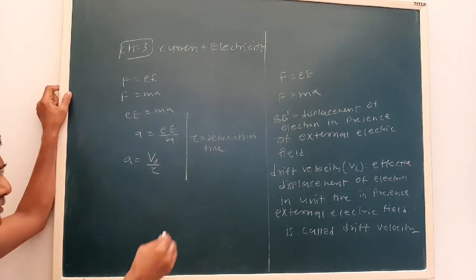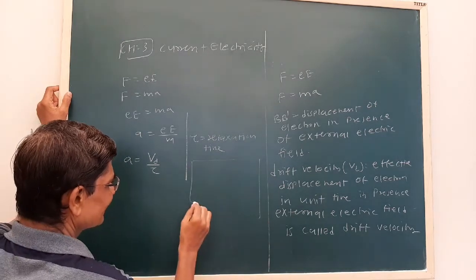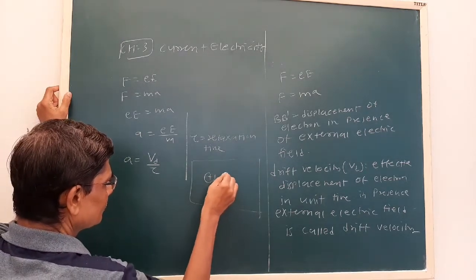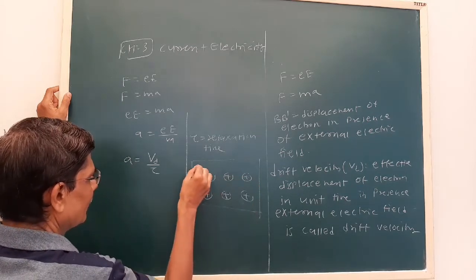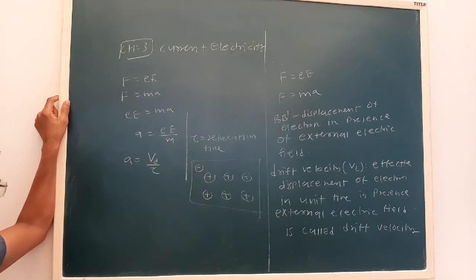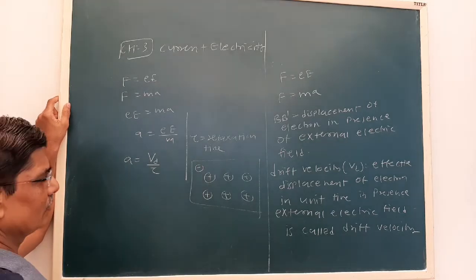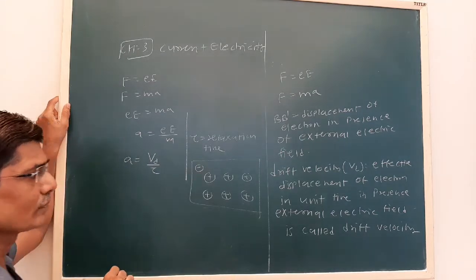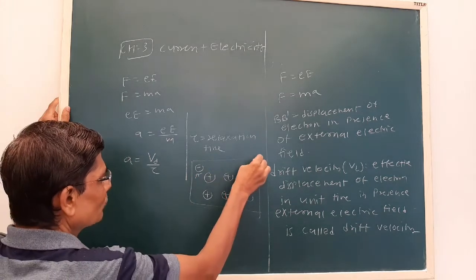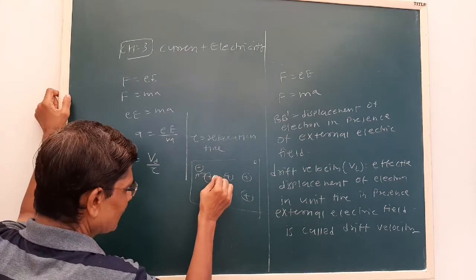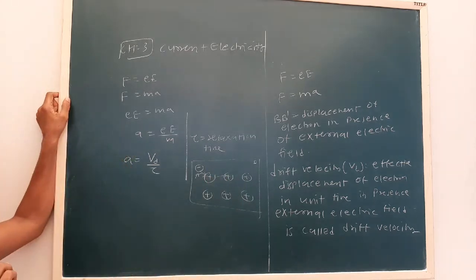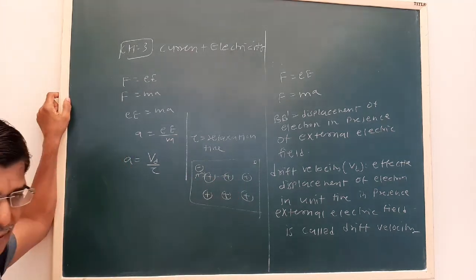Now what is relaxation time? Just now we have seen the cross section of a conductor and how the electron moves in the absence and presence of the external electric field. Now when the electron moves from A to B, it collides with some positive charge. Then after some time it has moved some distance, and collides with another positive charge.